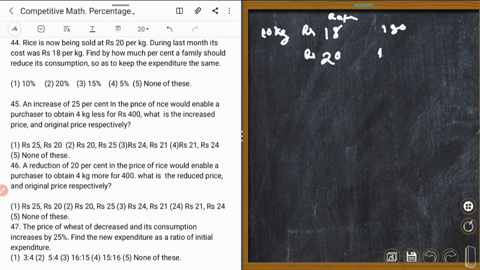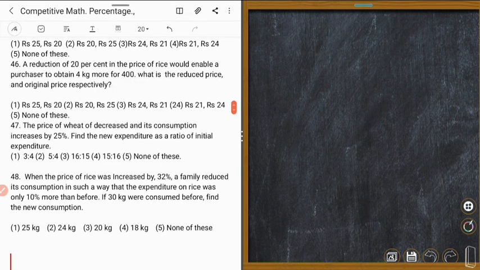Spending was 180. Now, let's find how many kgs he must use. Suppose the man used 10 kilos at the rate 18 and his spending was 180, right?